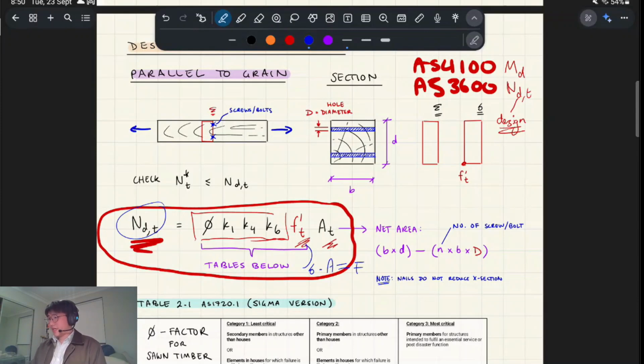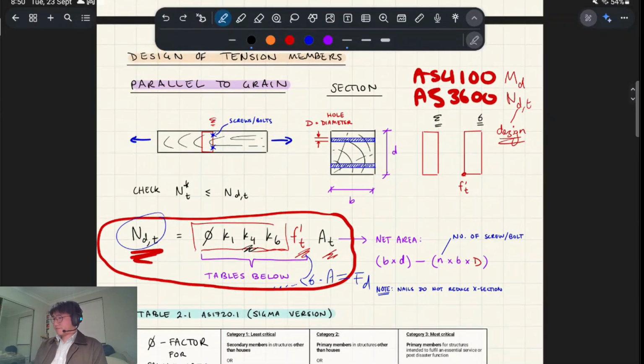And putting D onto it, the design, is just multiplying it by all the K factors and reduction factors. Some of these are reduction factors, some can be modification factors, because they could make it stronger in some cases as well.